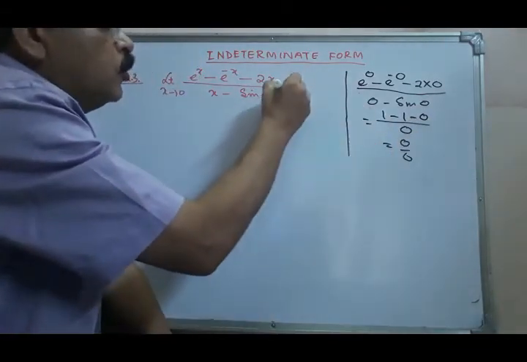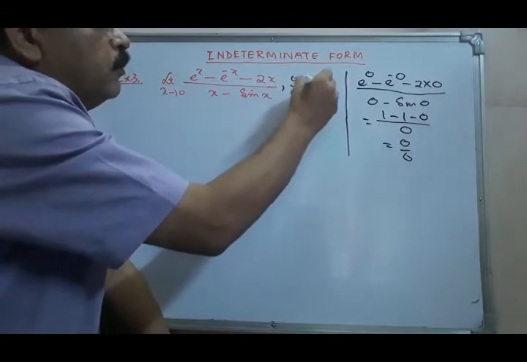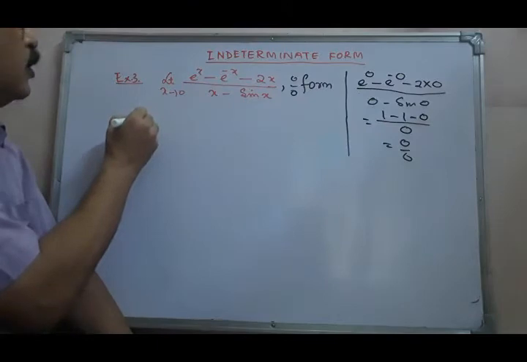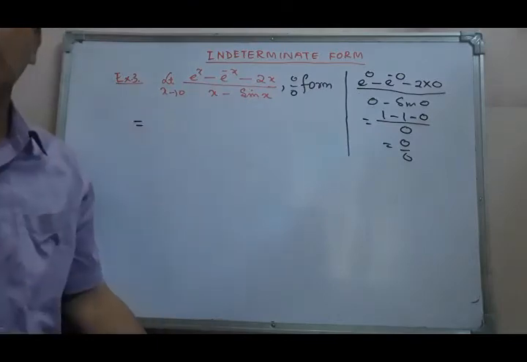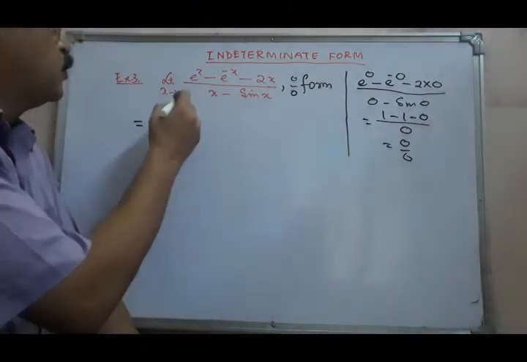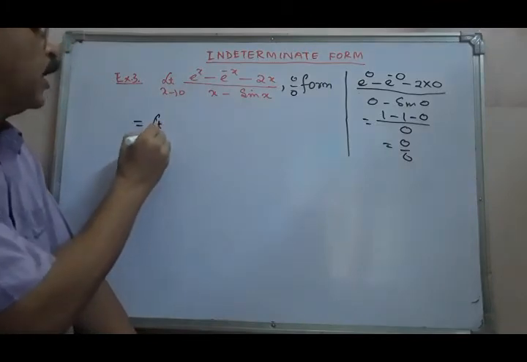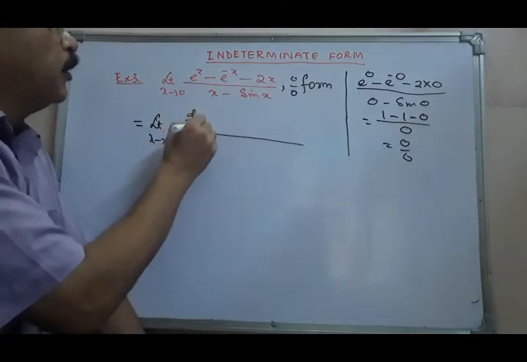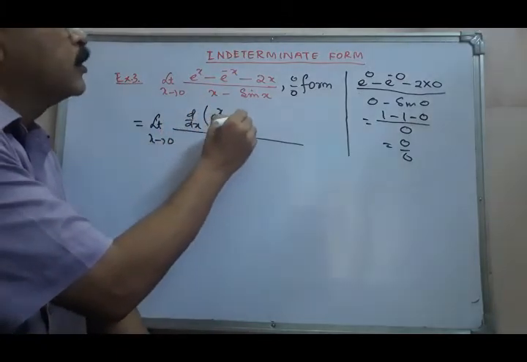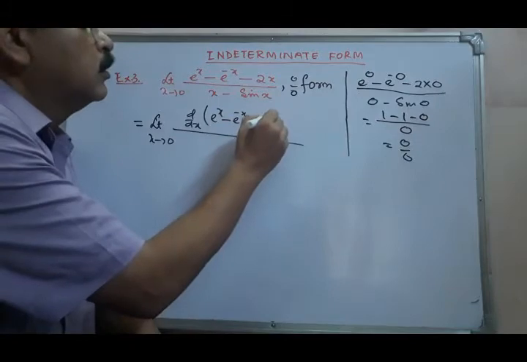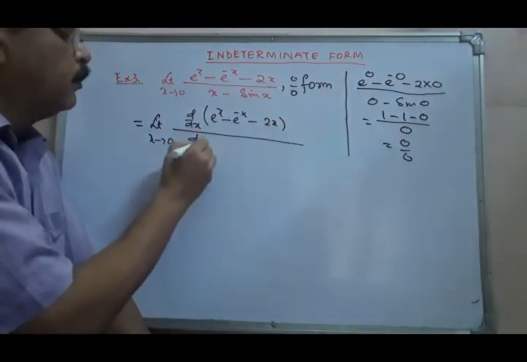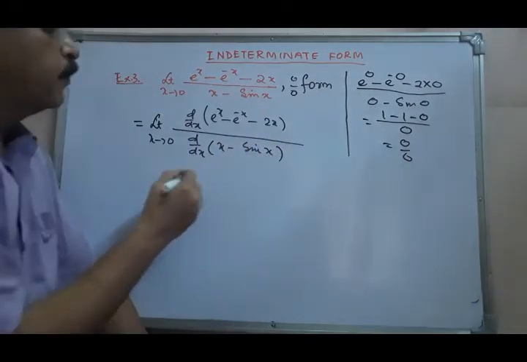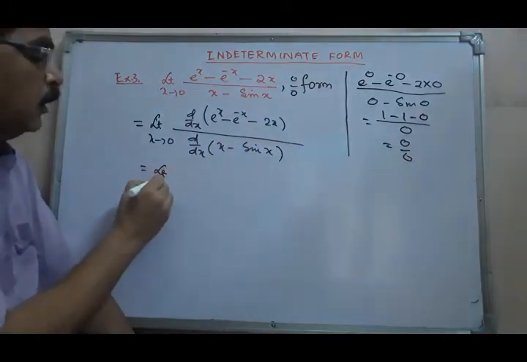This is also 0 by 0 form. It means we can apply L'Hospital rule. So applying L'Hospital rule, what will we get? Limit x tending to 0 of d/dx of the numerator e to the power x plus e to the power minus x minus 2x divided by d/dx of the denominator x minus sin x. So therefore we will get limit x tending to 0.